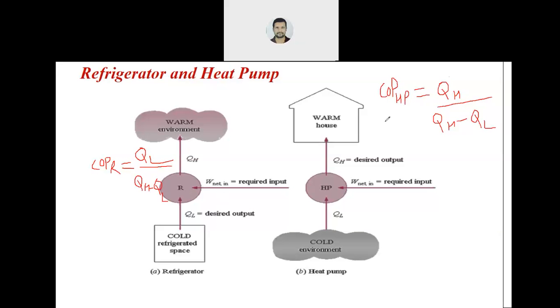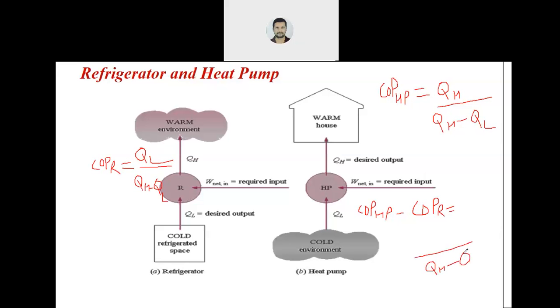Correct? Now, one more relationship you can get from both. What is the relationship? Suppose COP of HP minus COP of refrigerator, how much? See, the denominator is the same in both the cases, so take it out common: QH minus QL.